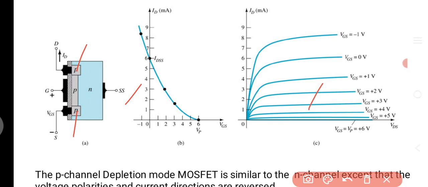That is, in case of N plus region, the channel is also N. In case of P plus region, the channel is also P. The opposite one will be our substrate. In case of P plus region, the substrate is an N type substrate. The additional terminal will be the substrate, which is called SS. That is the PMOS construction.